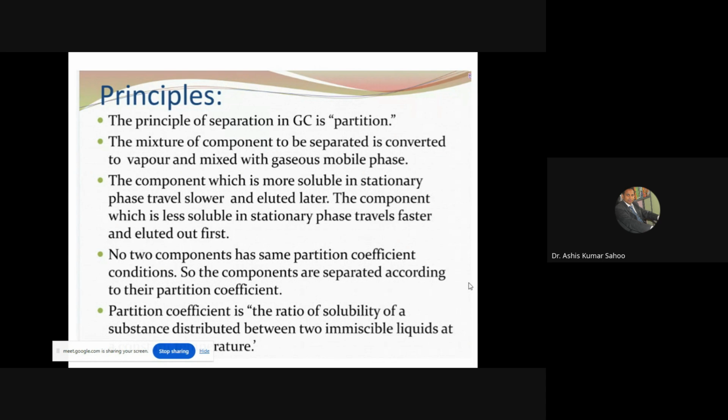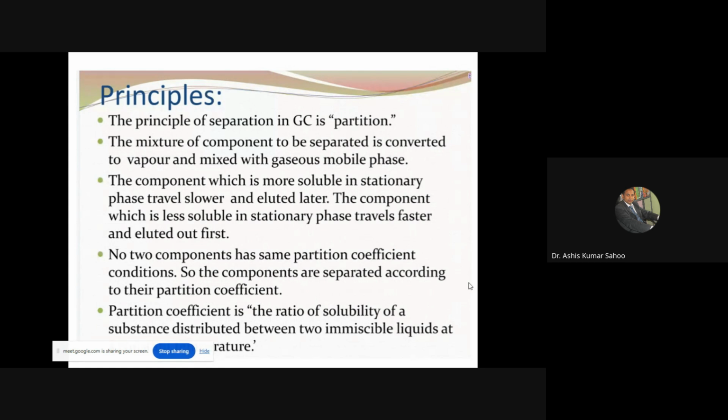The component which is more soluble in the stationary phase travels slower, so it will be eluted later. The component which is less soluble in the stationary phase travels faster and will be eluted faster.